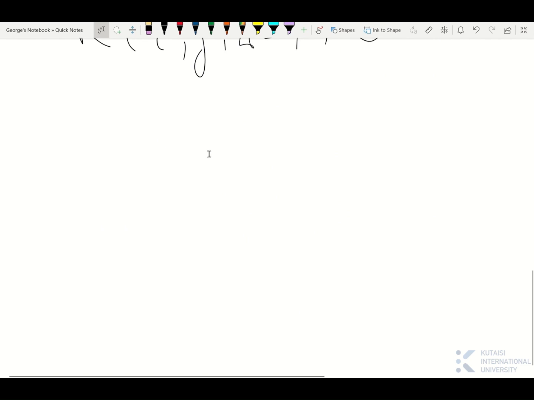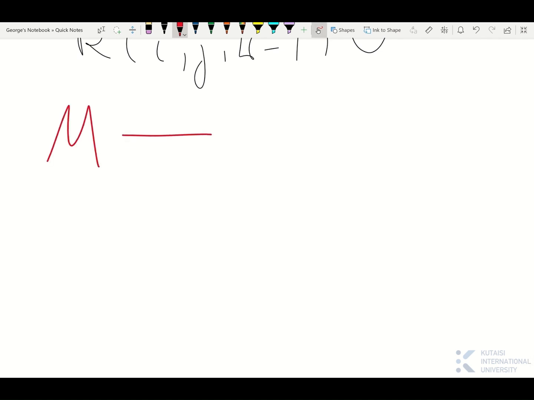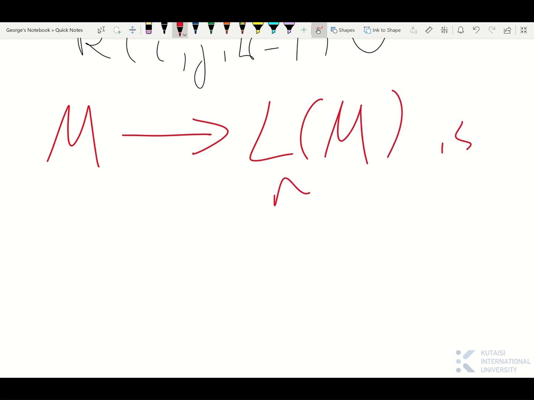Okay, so what did I do? Let's discuss what we did. We had the machine M, and we proved that L(M) is regular. Now what I'm aiming to do is the opposite.